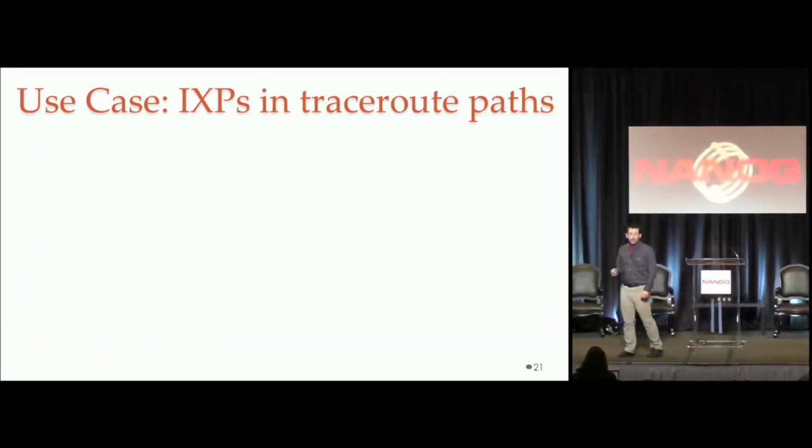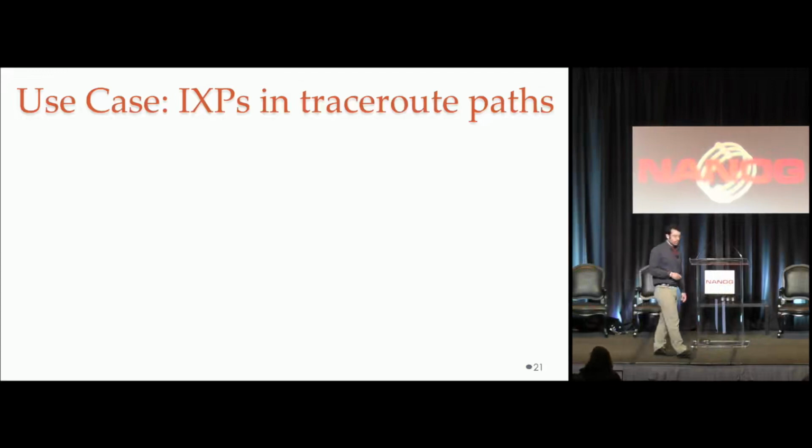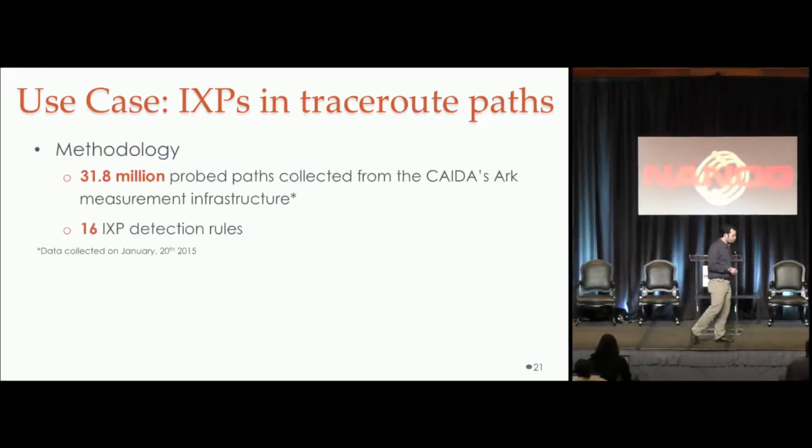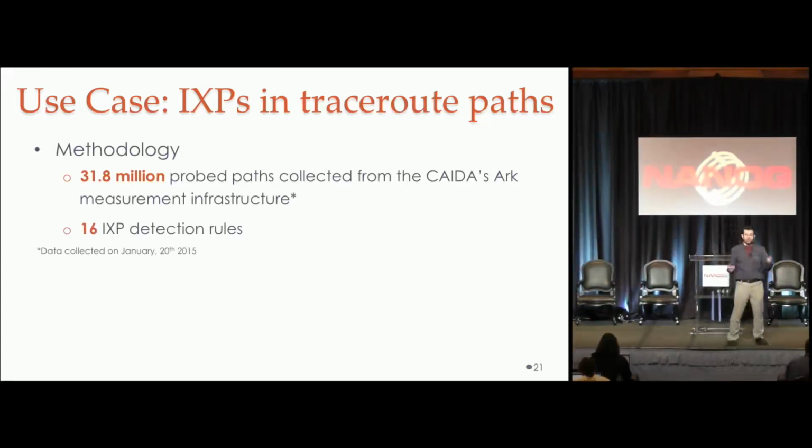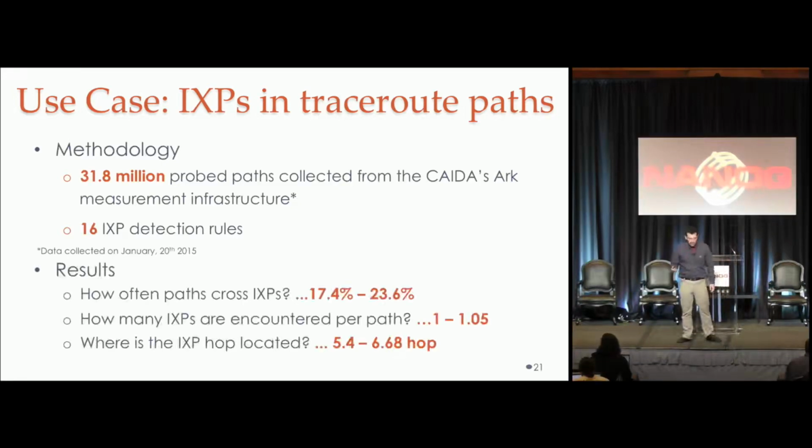Now, as a next step, we try to see what else we can learn from IXPs and traceroute paths. And for this reason, we used 30 million probes provided by CAIDA, and we applied onto these paths 16 different IXP detection rules.